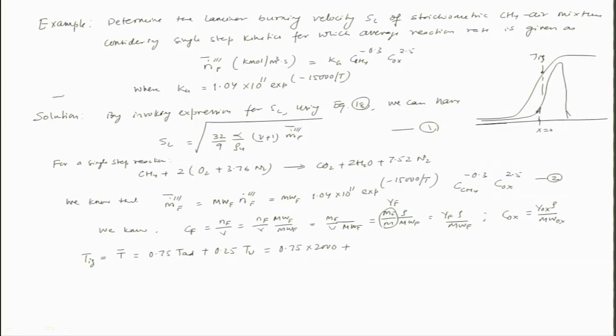You can take T adiabatic as 2200 Kelvin and TU as 300 Kelvin. So, 0.75 into 2200 plus 0.25 into 300, so it will be coming something like 1724.5 Kelvin. Oh, I am sorry, this is coming basically 298.